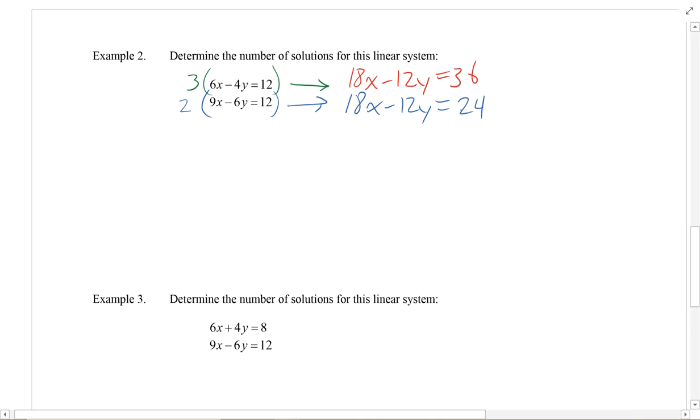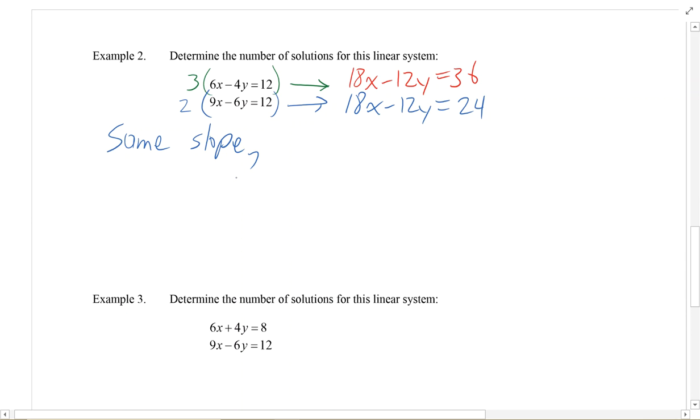So what do you guys notice? Yeah, what's the same? Yeah, A and B? What about C? So what does that mean when A and B are the same? It means the same slope. What does it mean when C is different?